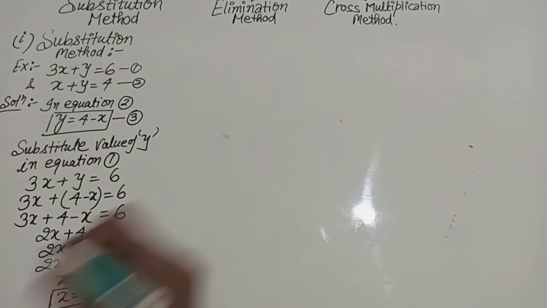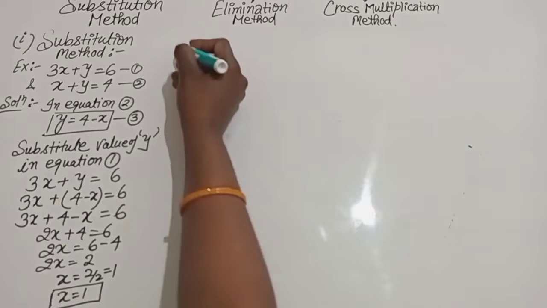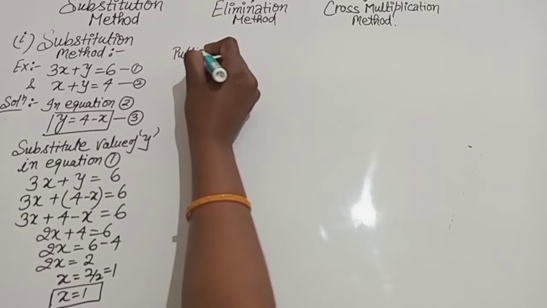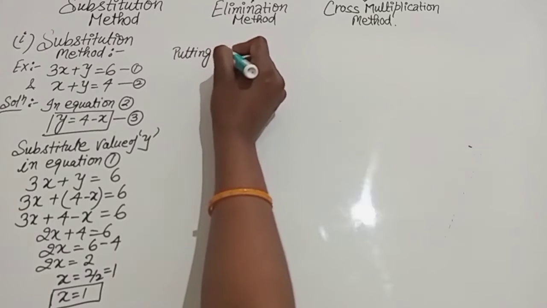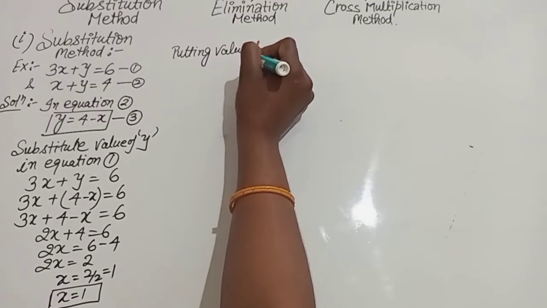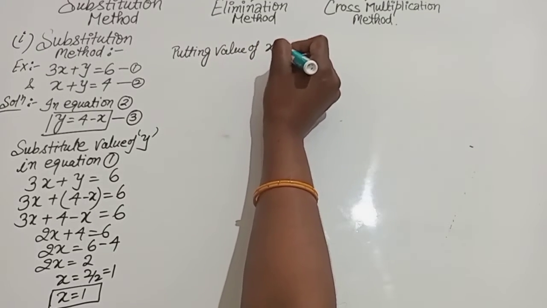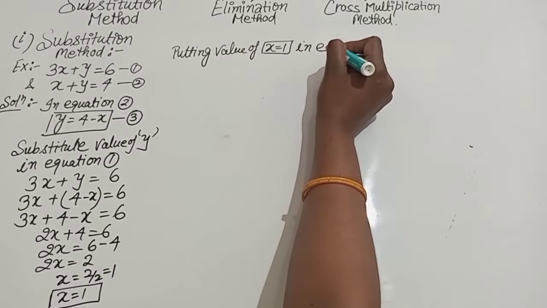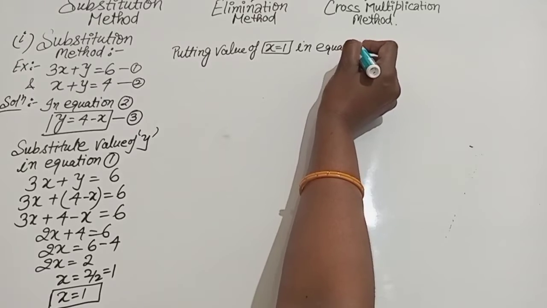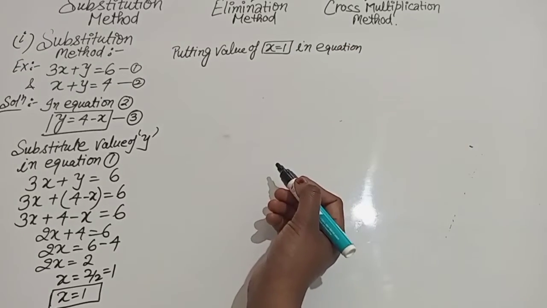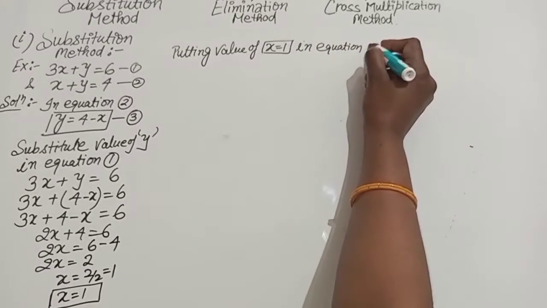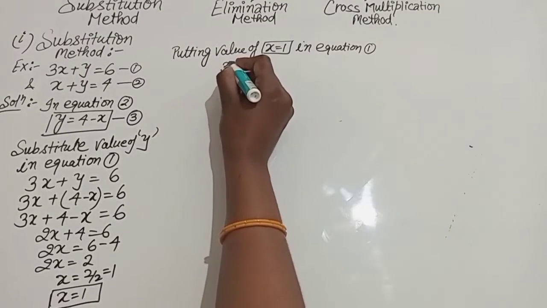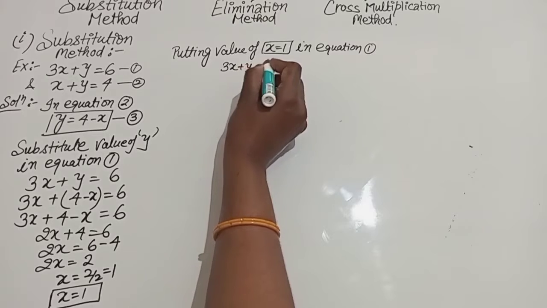Now putting the value of x equal to 1 in equation 1, 3x plus y is equal to 6.